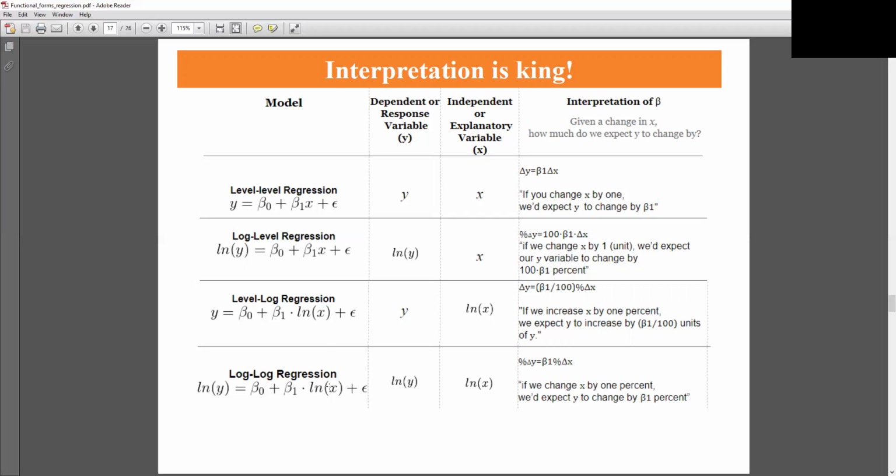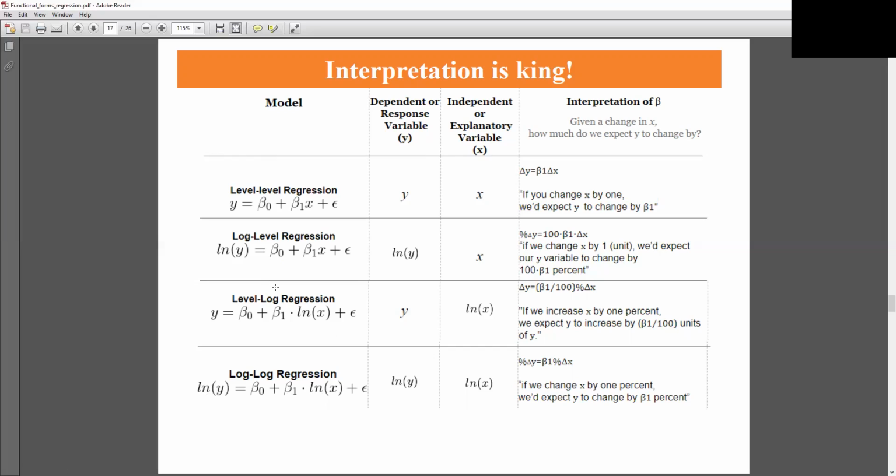If we increase x by 1%, we expect that y increases by beta 1%. In the earlier case, if we increase x by 1 unit, y increases by beta 1 units. Here, we are explaining in terms of percentage. If beta 1 is 0.4, it means y increases by 0.4% for every 1% increase in x. So this is the interpretation for all the models.